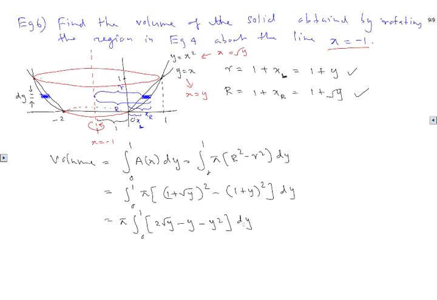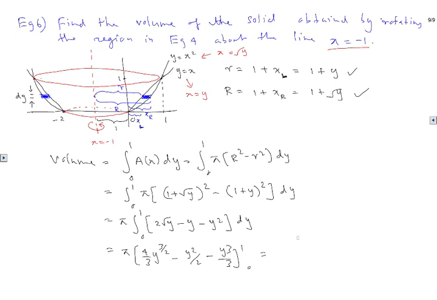Now you're going to integrate. If you integrate, you get pi times, you add 1 and divide, so y to the 3 halves divided by 3 halves. That means 4/3 y to the 3 halves minus y squared over 2 minus y cubed over 3, integrated from 0 to 1.